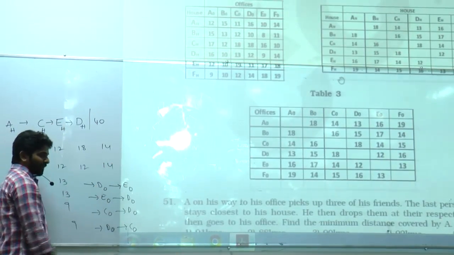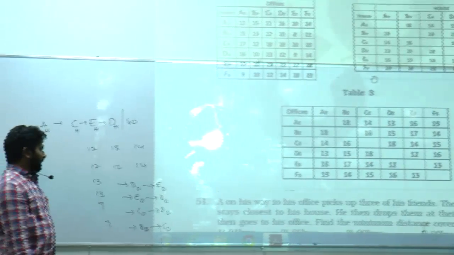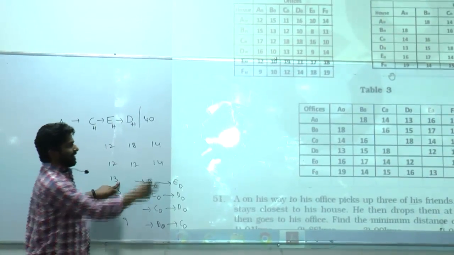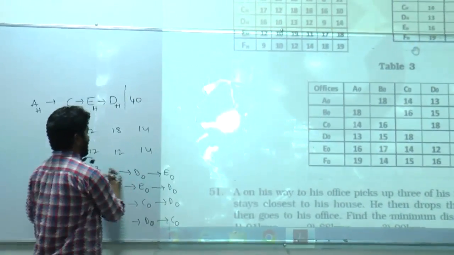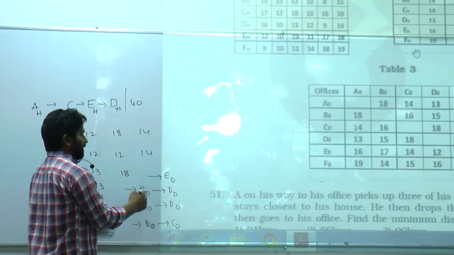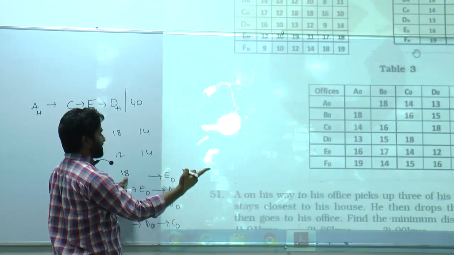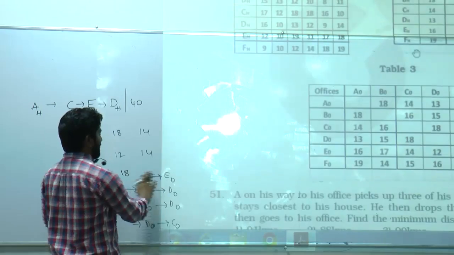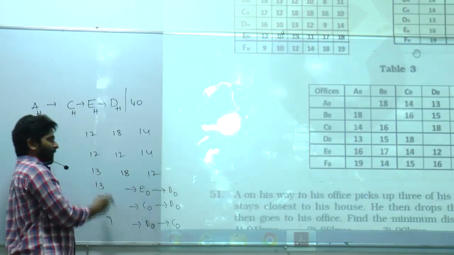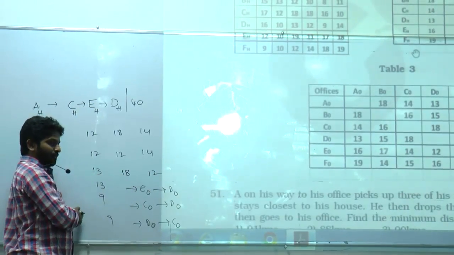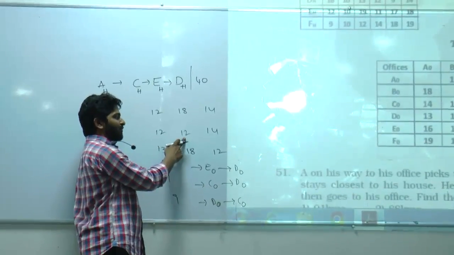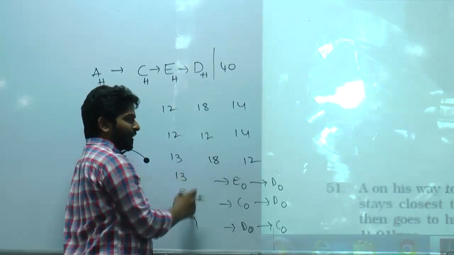I think you can forget about the above case. Now, we are at C office. C office to D office, 18. D office to E office, 12. I think now you can forget about this also, because 12 plus 12, 24, plus 14, 38.